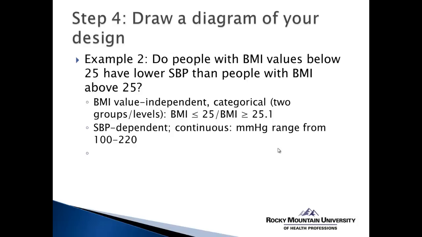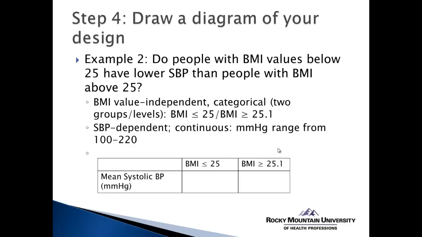Well, the best way to do this is using a table. What we put in the columns along the top of the table is the independent variable. We know we have 2 groups in our independent variable, so we have 2 columns.